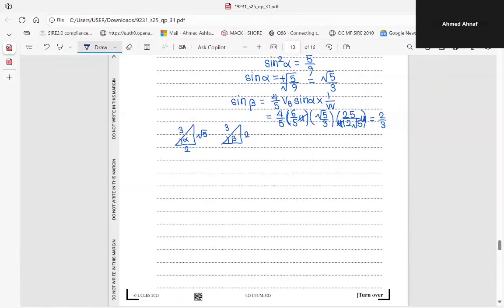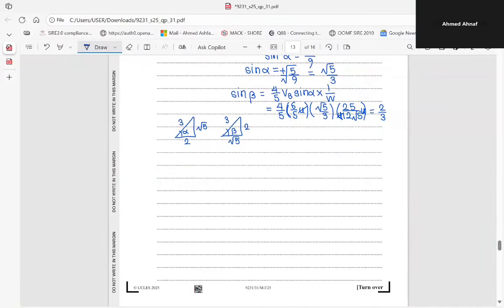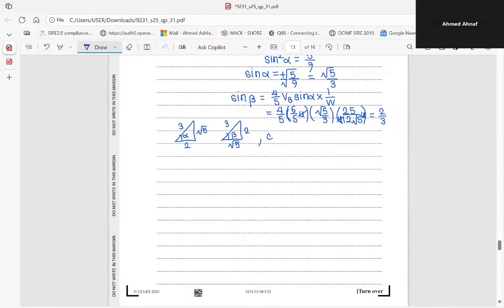Pythagoras theorem, 9 minus 4 is 5, so you'll get √5. Hence cosine alpha is 2 over 3 and cosine beta is equal to √5 over 3.